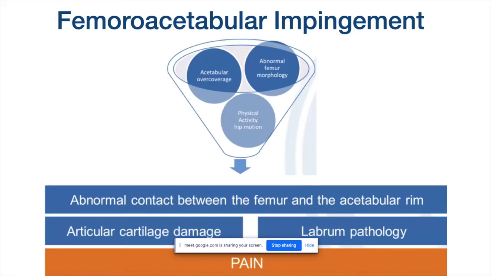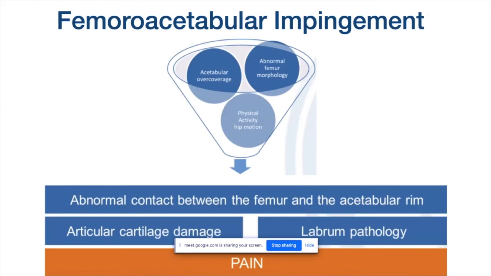So what is femoroacetabular impingement? Any abnormality on the femoral head side or the acetabulum side, which prevents the full range of motion, the extremes of movement, can cause impingement. Maybe because of a very deep socket, or a femur head which is not round.